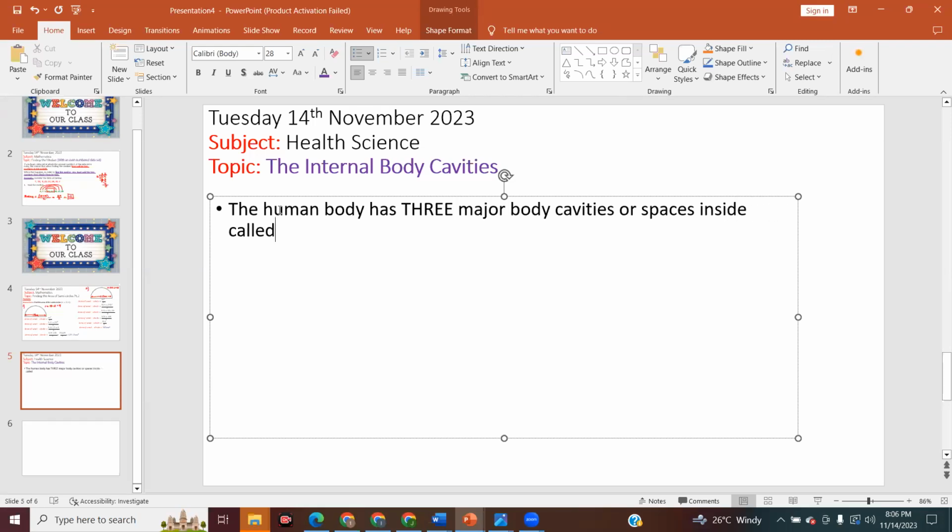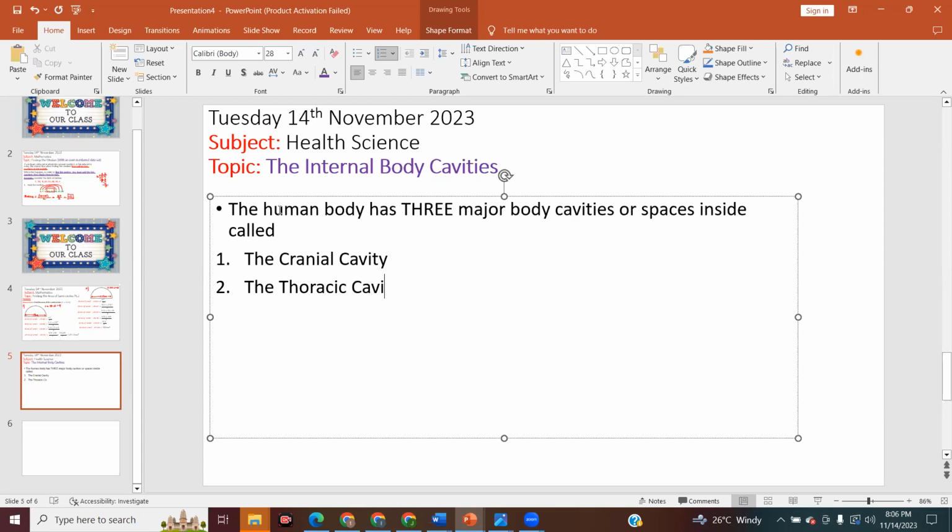Now these are called, number 1, the cranial cavity. Number 2, the thoracic cavity. Anyone know another word for thoracic cavity that they teach you?